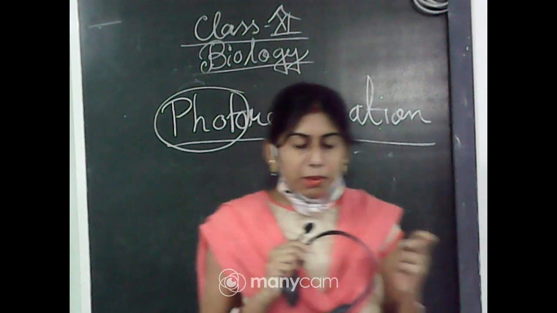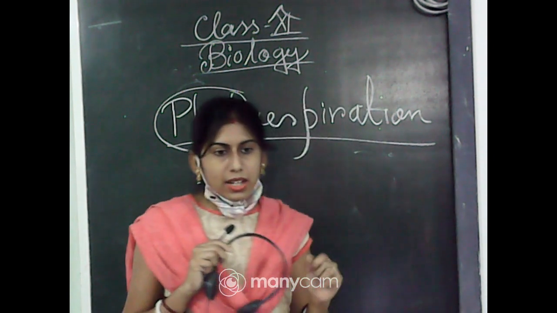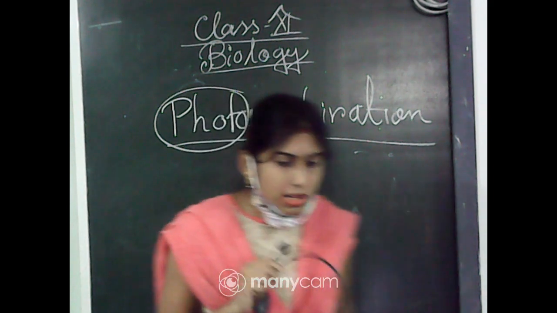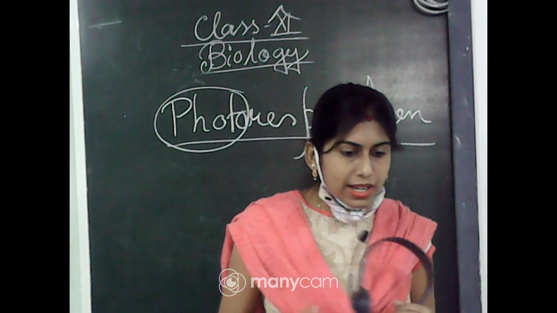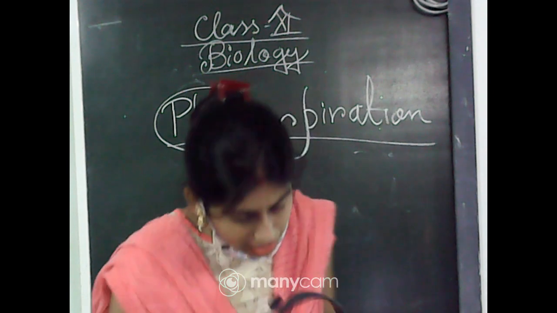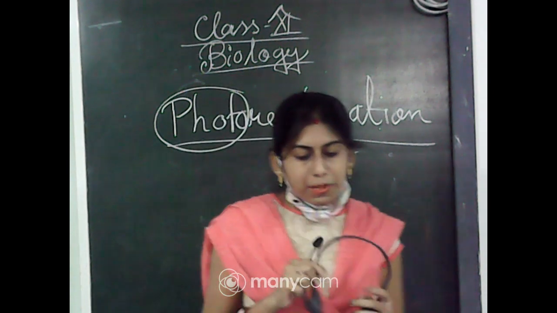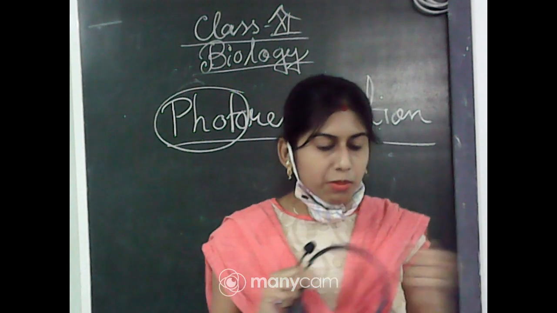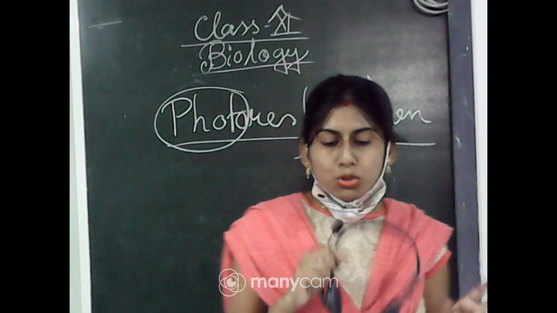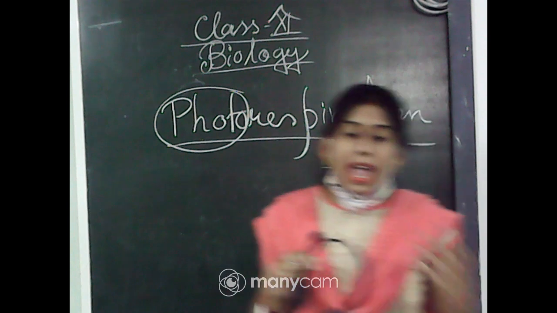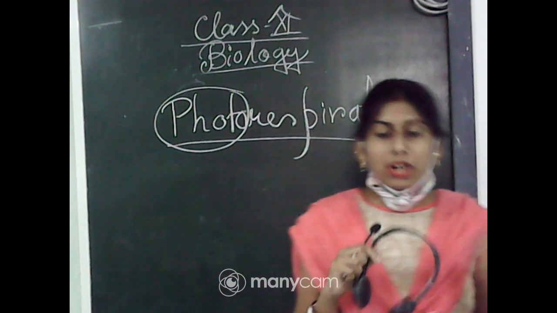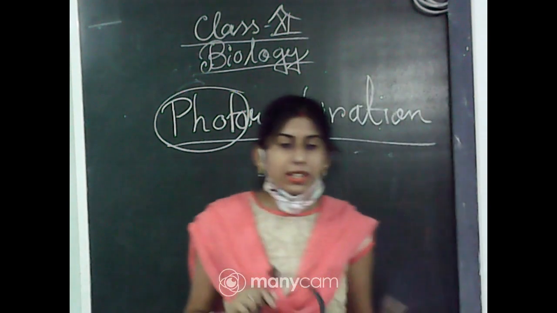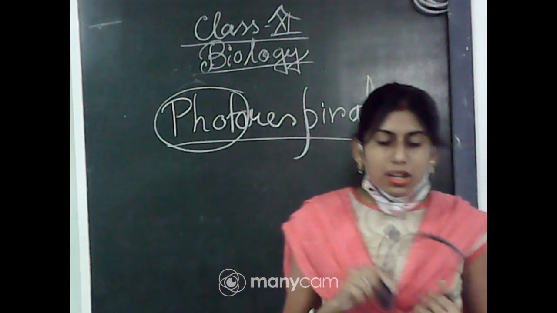You can remember, or if you can't, just check it from the book: what was the first step in the Calvin cycle? That is the CO2 fixation step. And what happens in this particular step? RuBP combines with carbon dioxide to form two molecules of PGA, and an enzyme was catalyzing that particular reaction, that is Rubisco.